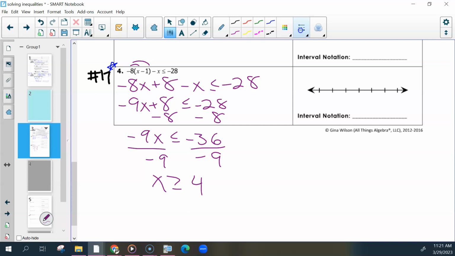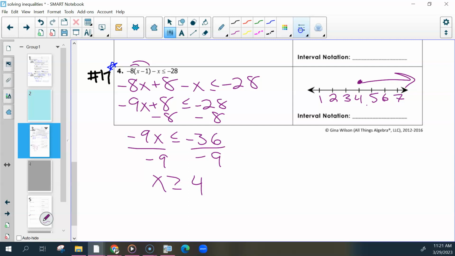So will this be open or closed? Closed at 4. Fill in your numbers, and then will that go to the left or to the right? To the right. So very much like our last one, but a little different. Where does this one start? 4.